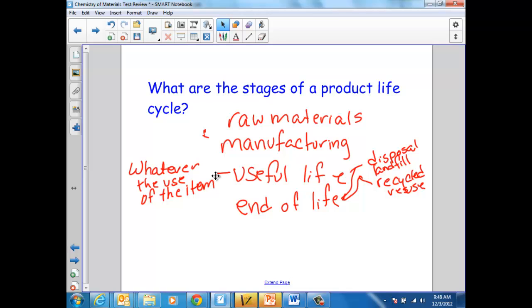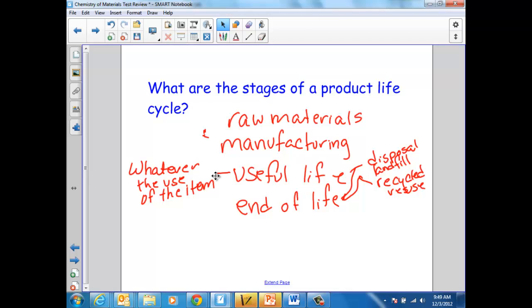Then if they put it in a refrigerator at the gas station, it uses electricity there. So there still is some use of electricity. Maybe not a lot of waste, but definitely a lot of use of electricity. And then finally, end of life. Well, that's our biggest question, right? If we throw it in the landfill, then it has a huge impact on the environment. If we recycle or reuse it, that reduces the impact on the environment, right?